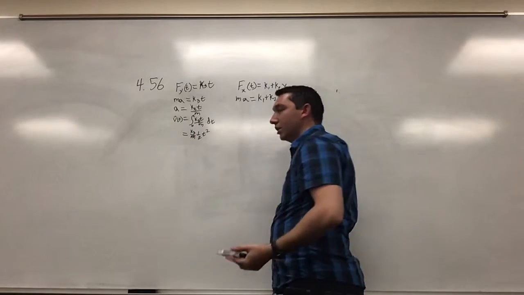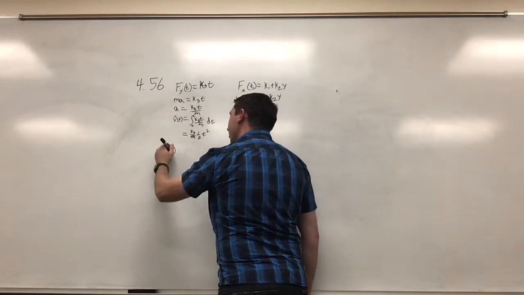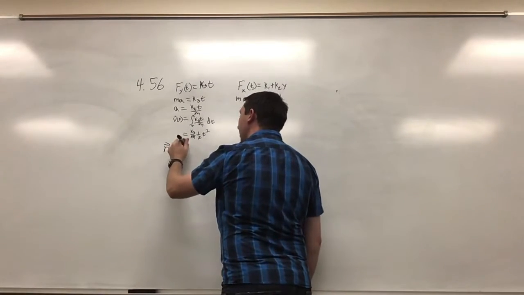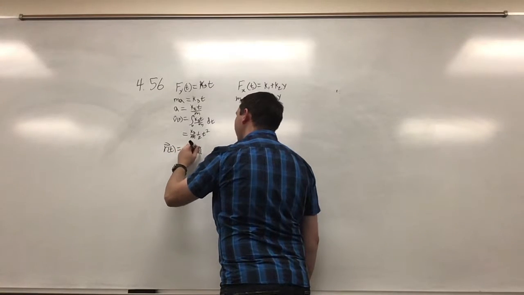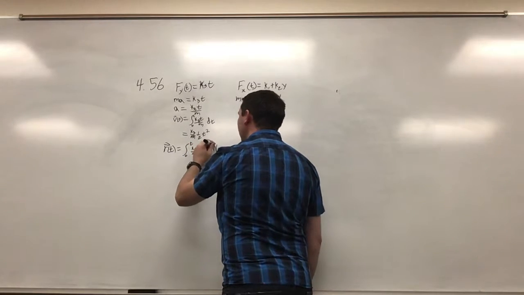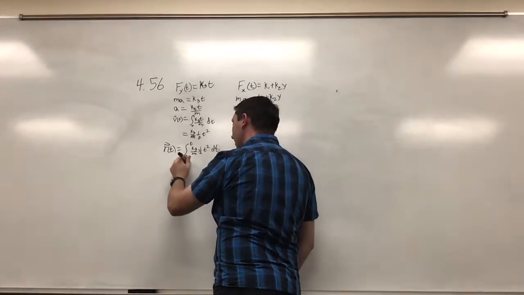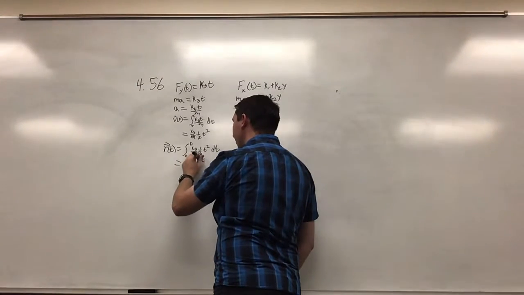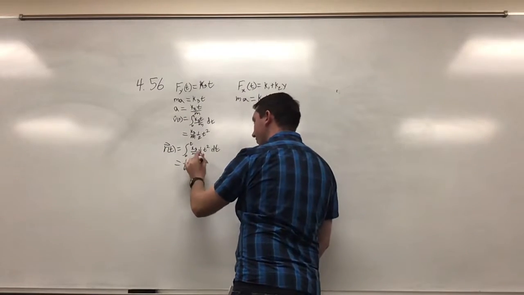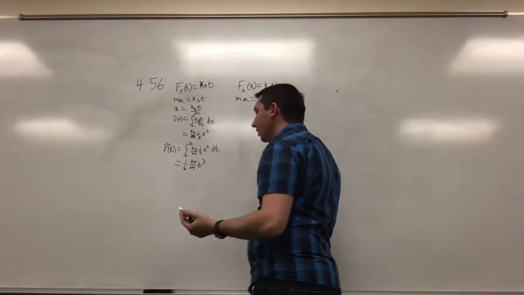We can then redo the same step to find the position with respect to time, which is the integral of our velocity with time: k3 over m, 1/2 t squared dt, and that gives us 1/6 times k3 divided by m times time to the third. That's our position.